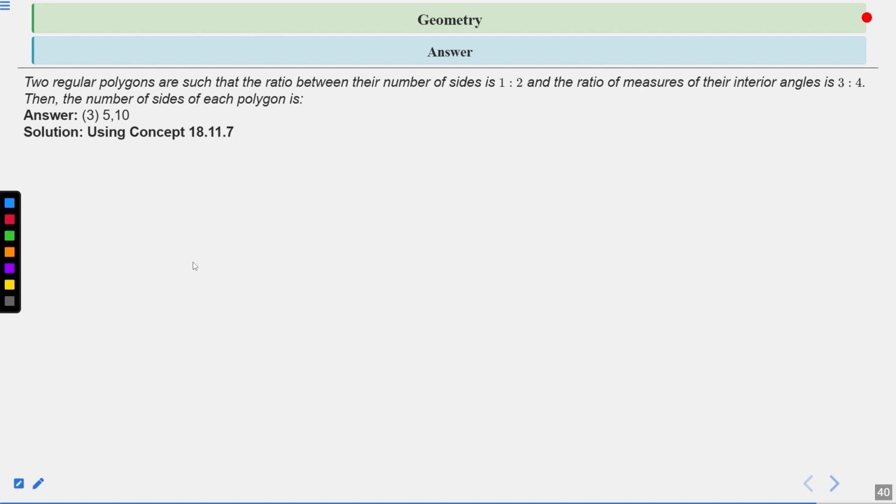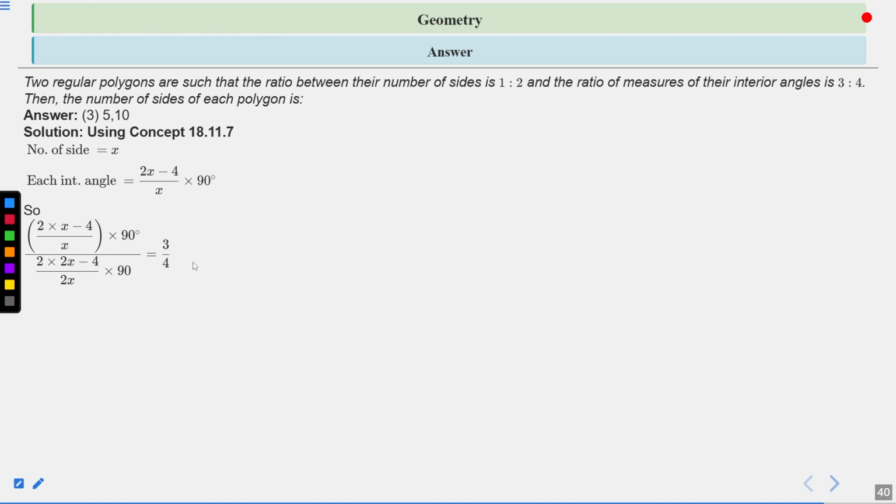In this question, let the number of sides of the first polygon be x. Each interior angle will become (2x − 4) upon x into 90 degrees. The ratio of the interior angles is given, which is 3 upon 4.